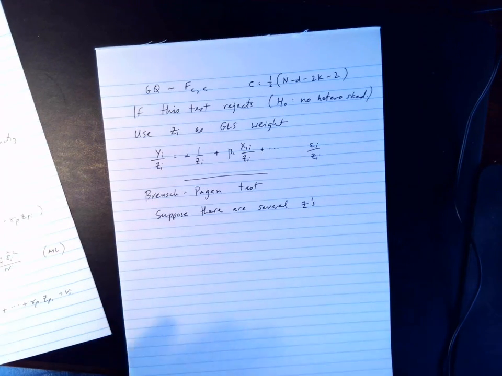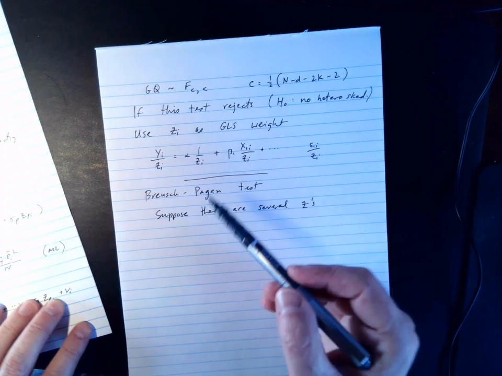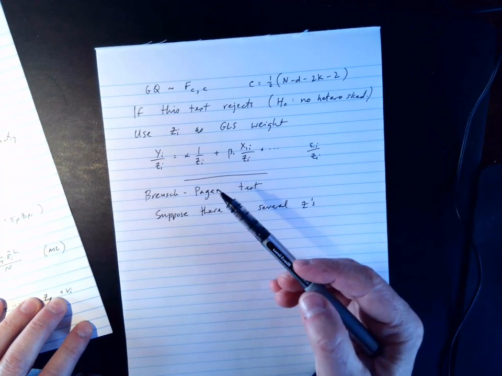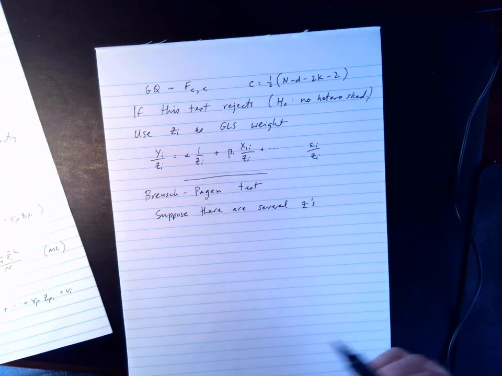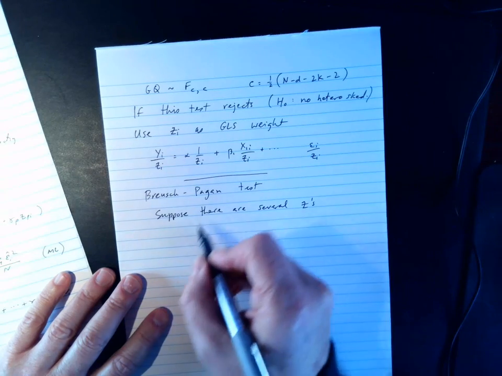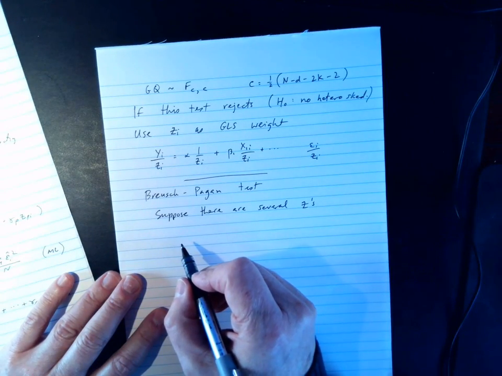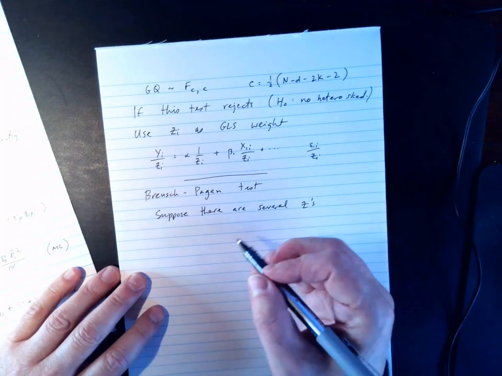You've got the demographic variables. You've got lots of variables. Goldfeld-Quandt can be a bit of a chore because you have to test all of them if you want to try to identify where the heteroskedasticity is coming from. With the Breusch-Pagan test, you could just test them all at once.